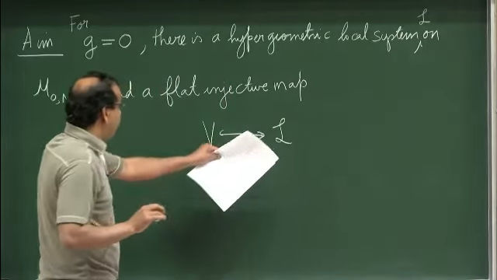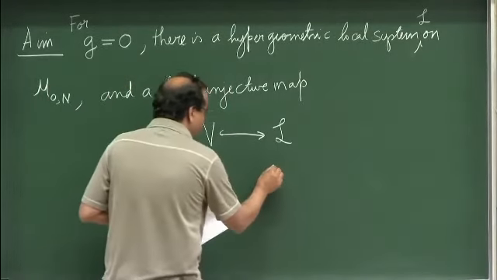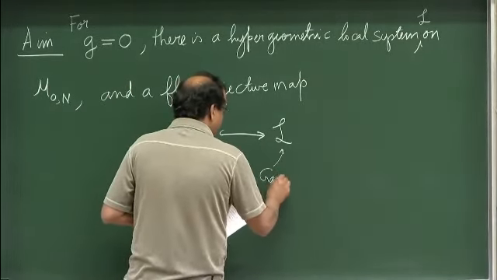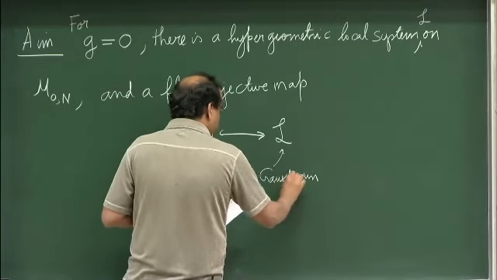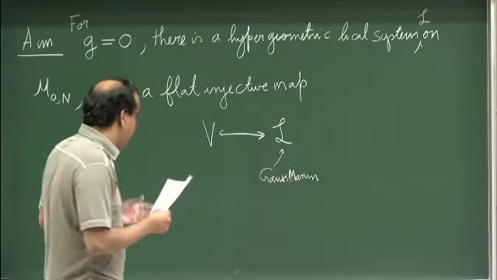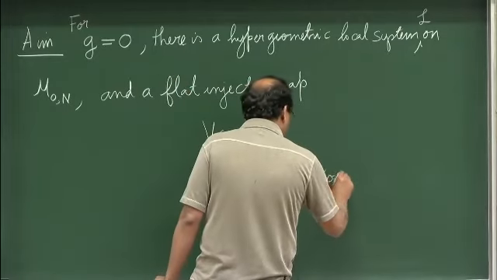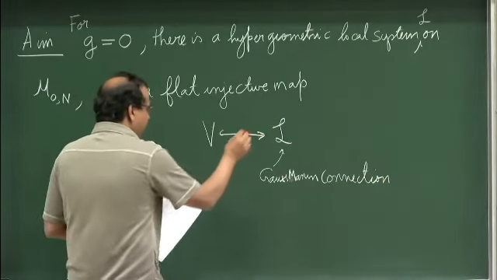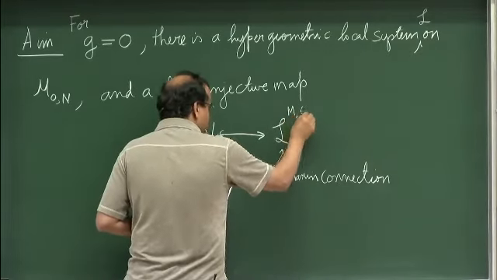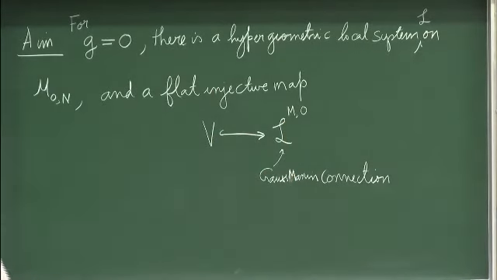So this hypergeometric local system will carry the Gauss-Manin connection, with image in, I'll make this more precise, L_M0, so like sort of holomorphic m-forms.